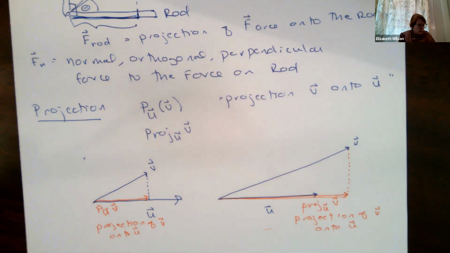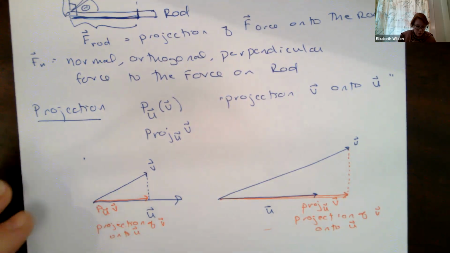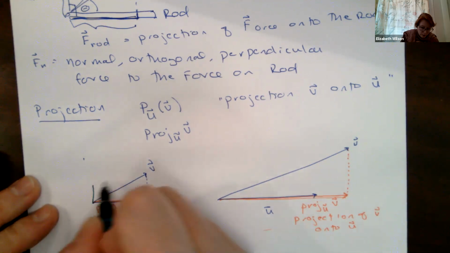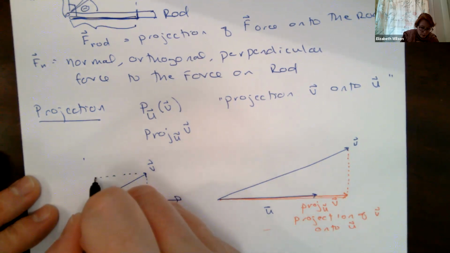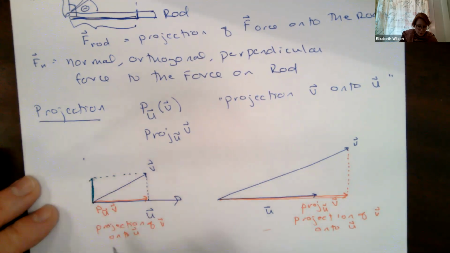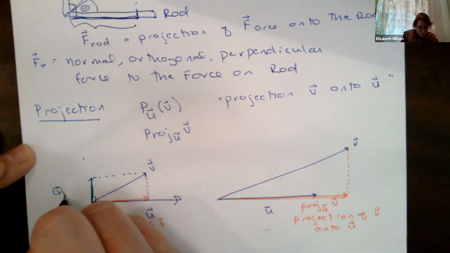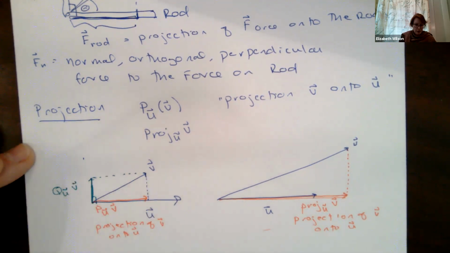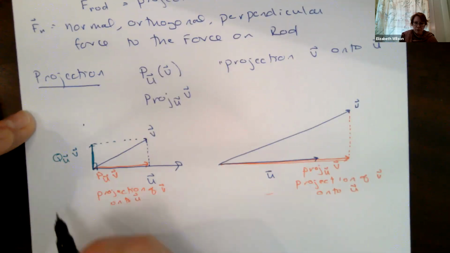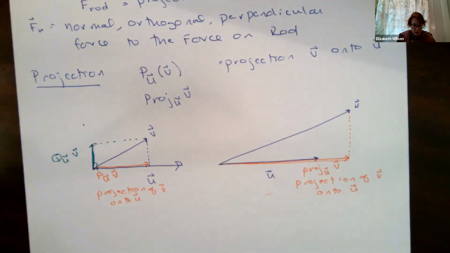Okay. Now we also have an orthogonal, or perpendicular, component to our projection. So I'm going to draw this up here. This part here, I'm going to call Q. I'm writing out what these words are, and then I'm going to give you the math.